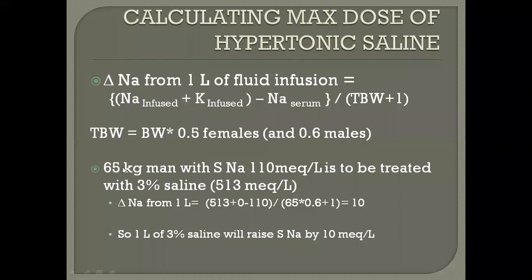So for example, a 65 kg man with serum sodium 110 milliequivalent per liter, and you want to give him 3% saline. 3% saline has 513 milliequivalent per liter of sodium.